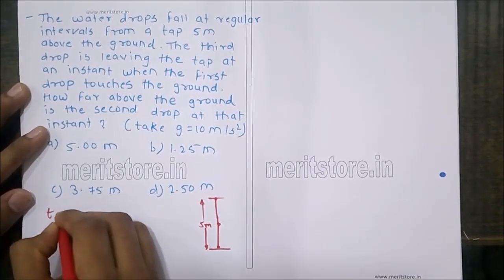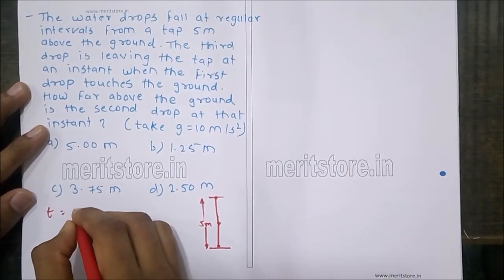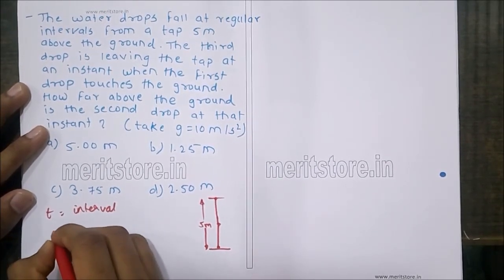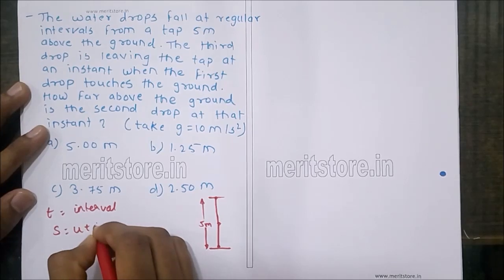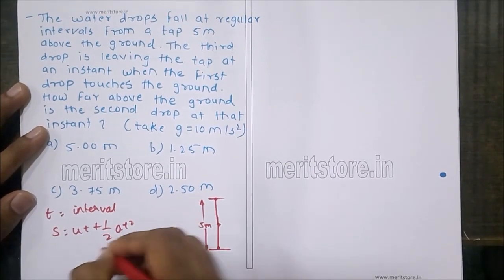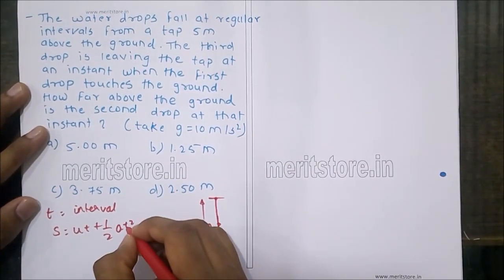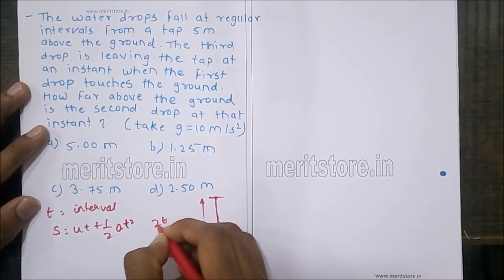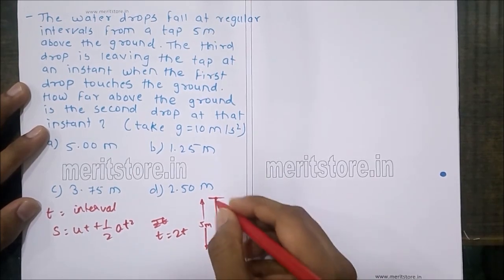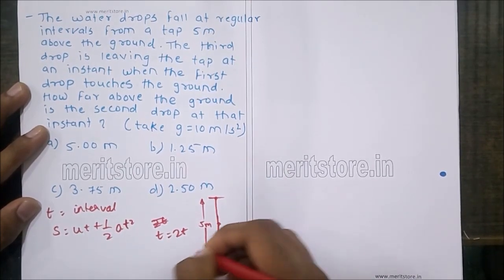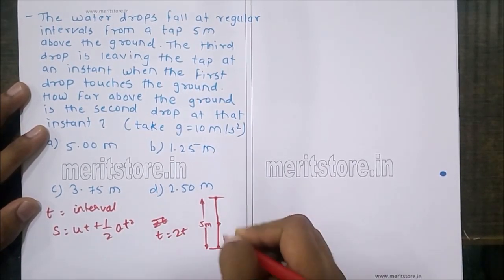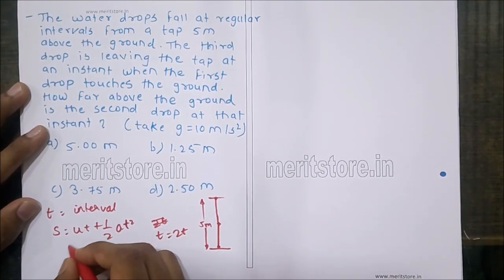Now let t be the time interval between the falling of two drops. So for the first drop, s is equal to u t plus half a t square, but u is equal to 0 and a is equal to g, and the time would be 2t, since the second drop has already left, so the time taken for the first drop to reach the ground covers two intervals.